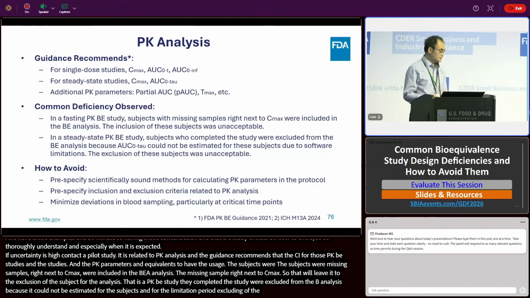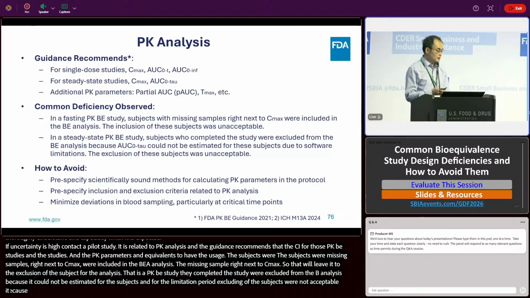How to avoid? First, pre-specify scientifically sound methods for calculating PK parameters in the protocol. For example, when you calculate AUCt, there are different methods such as linear up, linear down, or linear up, log down. It's better to pre-specify which method you use.